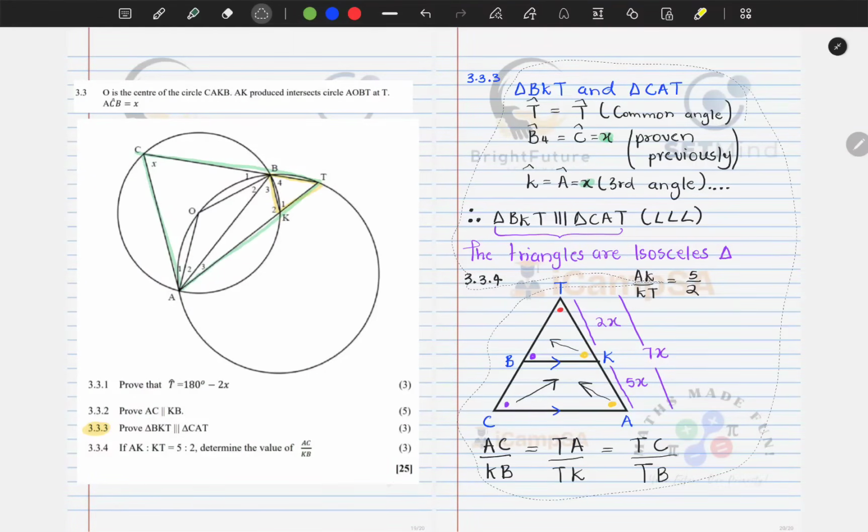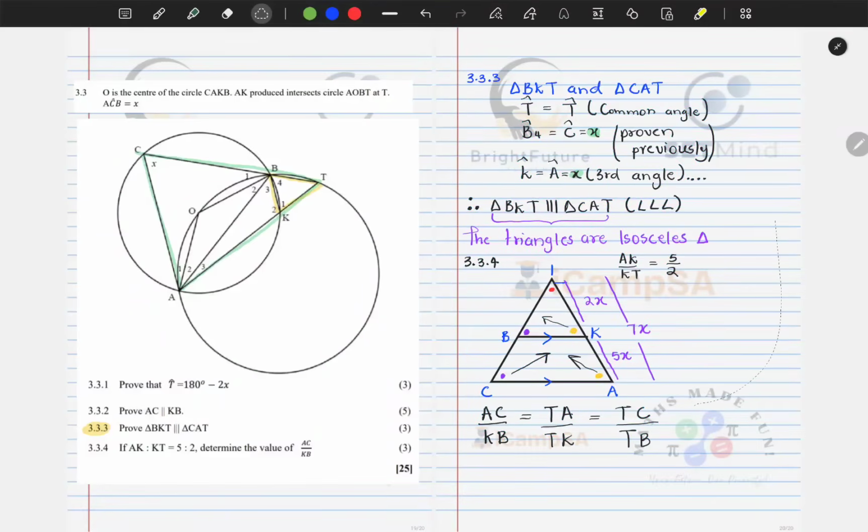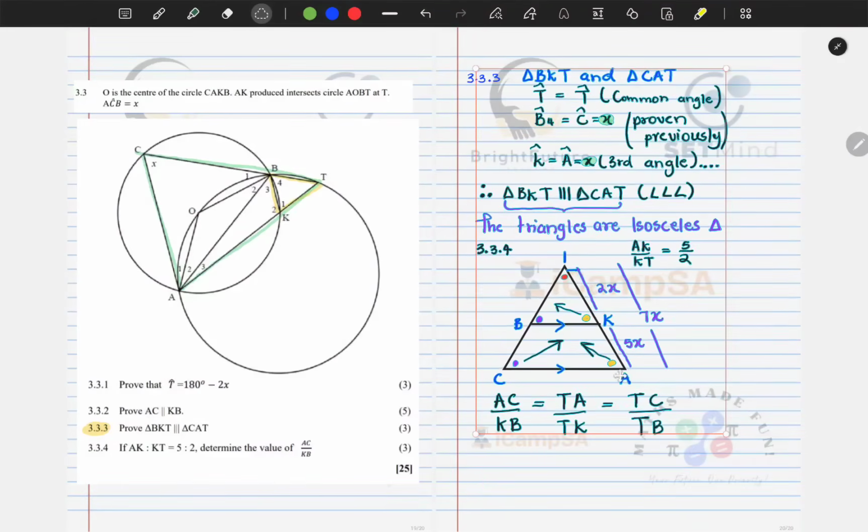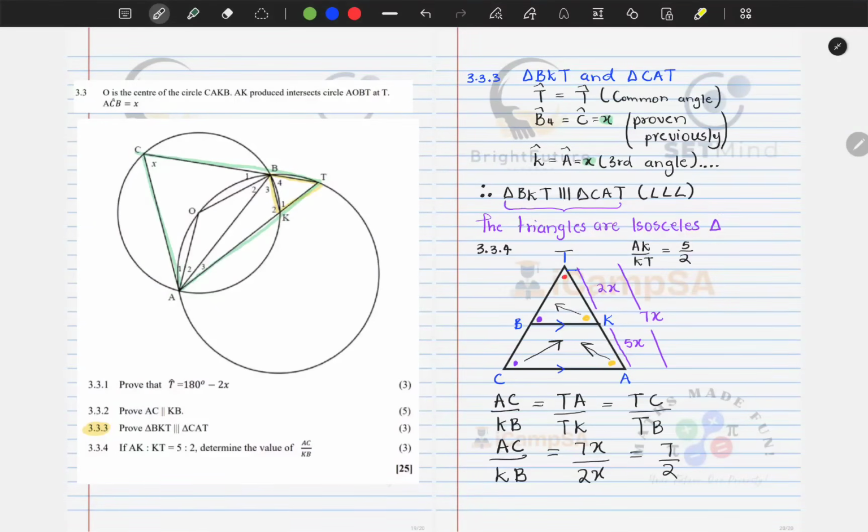This problem becomes very easy because we have already worked this out a bit and found the ratios. So if you look carefully, AC divided by KB will be TA, which is 7x, divided by TK, which is 2x, which becomes 7 over 2.